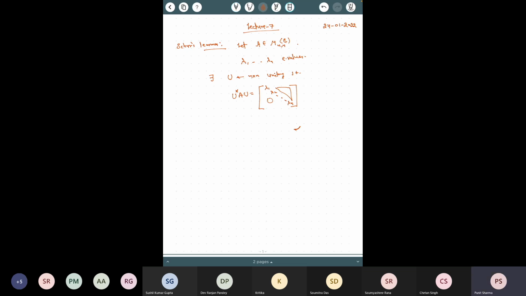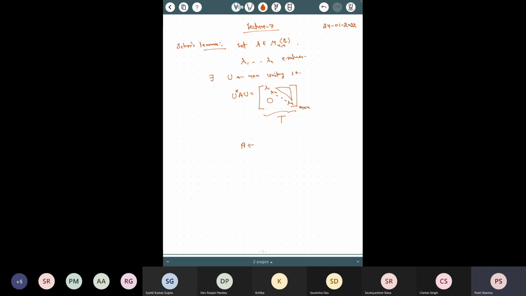This is for a complex n cross n matrix. Now, why am I mentioning complex n cross n matrix? Because if it is a real matrix, with all entries real, you can still look at this matrix over C also, and then you can find a unitary matrix U such that U star AU is upper triangular.